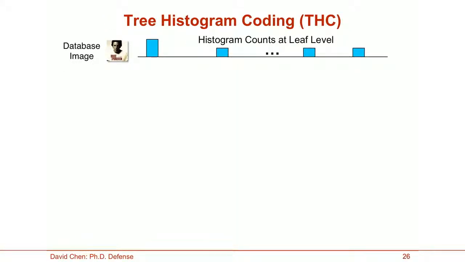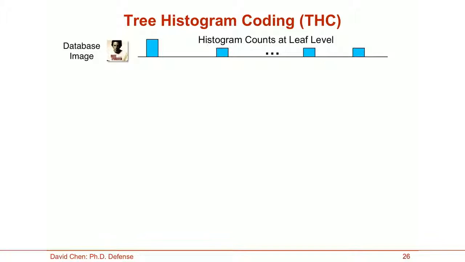To substantially reduce this memory usage, we developed a method called tree histogram coding. Our method encodes only the histogram counts at the leaf level of the tree, because the histogram counts at higher levels in the tree can be reconstructed from the leaf counts.